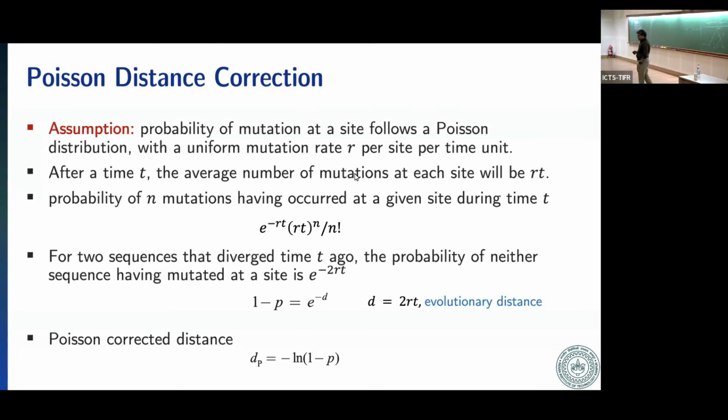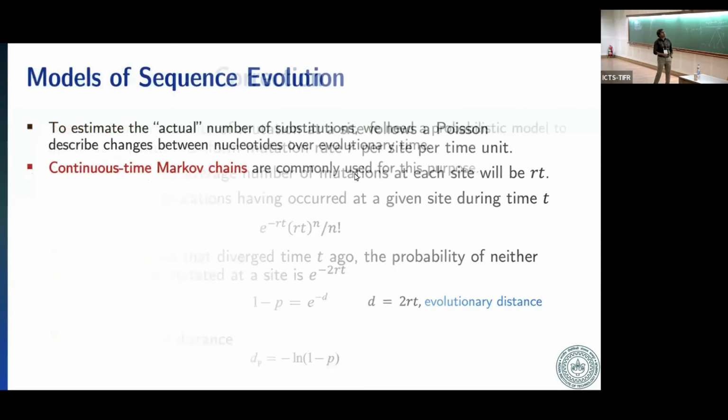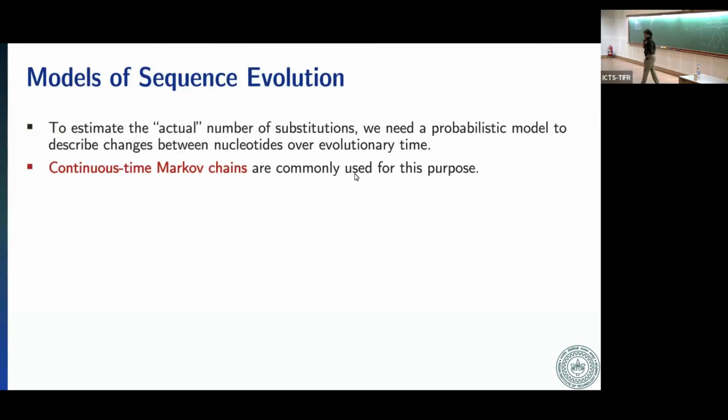We can also talk about, let's say, the Jukes-Cantor model, which is the simplest model of evolution that we just talked about, right? So let us see how the distances can be corrected if we are assuming that kind of model.